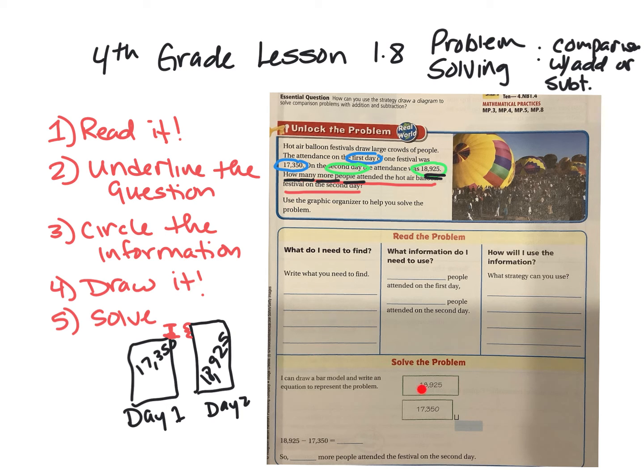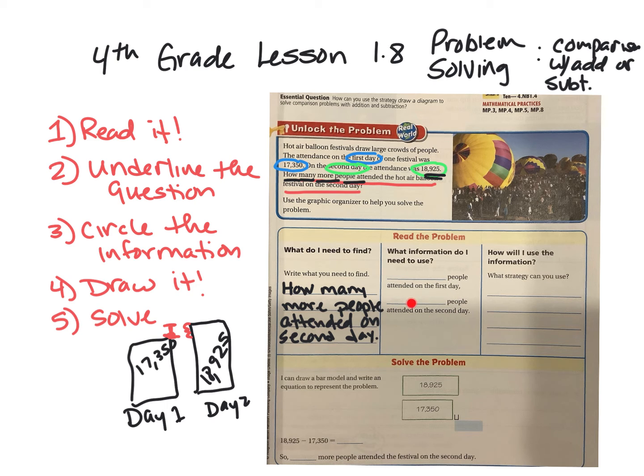Let's look at this map because maybe this sort of plan works for you. They're similar anyway. What do I need to find? That's the same as underline the question, right? What we need to find, we need to know how many more people attended the hot air balloon festival on the second day. Okay? Then, what information do I need to use? Well, I need to use the amount of people who attended the first day and the amount of people who attended on the second day.